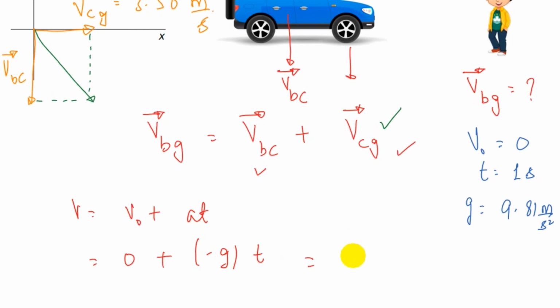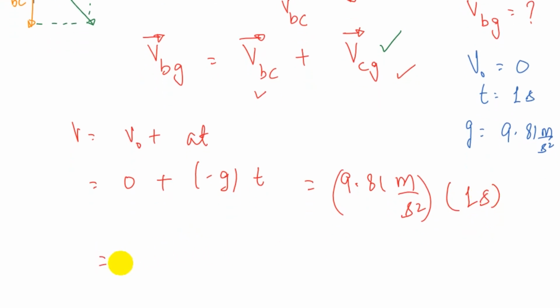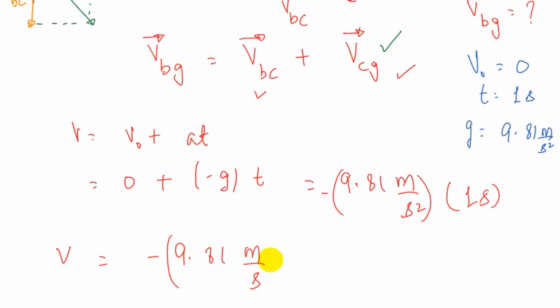Now we can put the values. g is 9.81 meter per second squared, multiplied with time of 1 second, so this would be minus 9.81 meter per second. This velocity is in the negative y direction, so we put y cap here. So this is the vector VBC, velocity of the ball relative to car.